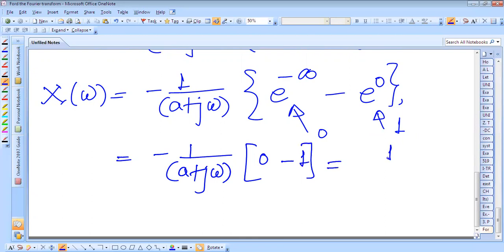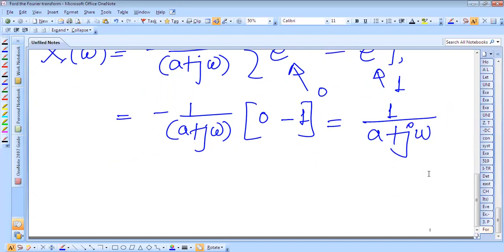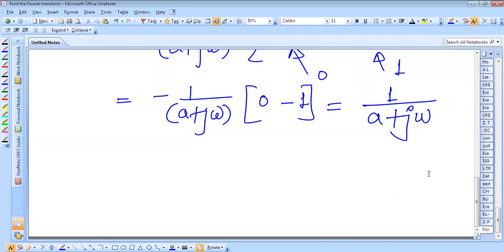This is equal to 1 over a plus j omega. So we have to find now the phase and magnitude plot.